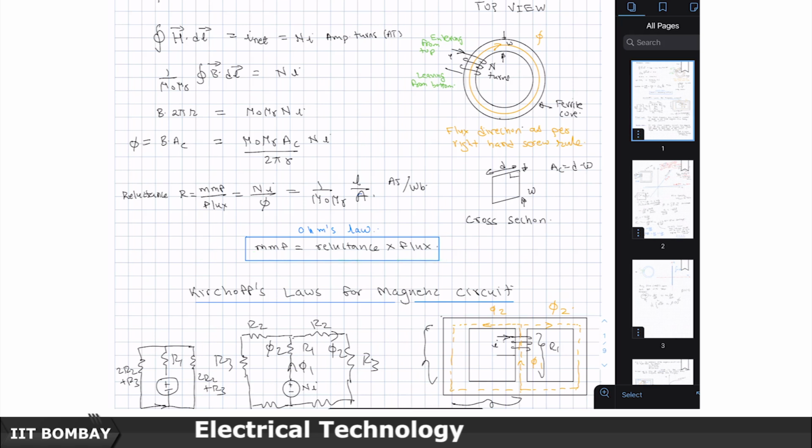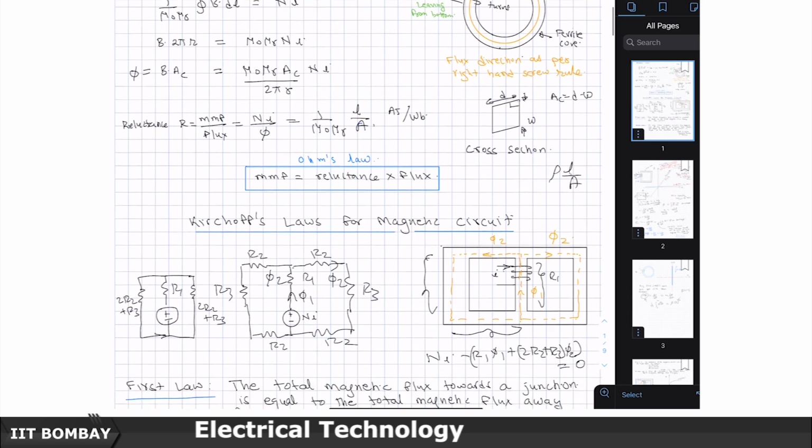In the resistance, for example, rho is the resistivity of the wire, and you would get the resistance as rho times L by A, while here you get something very similar, the reluctance is coming out to be 1 by mu 0 mu r, which replaces the rho constant here, and the other term L by A, the geometric part of it, comes out in a similar way. So, you really see we have developed an analog of Ohm's law.